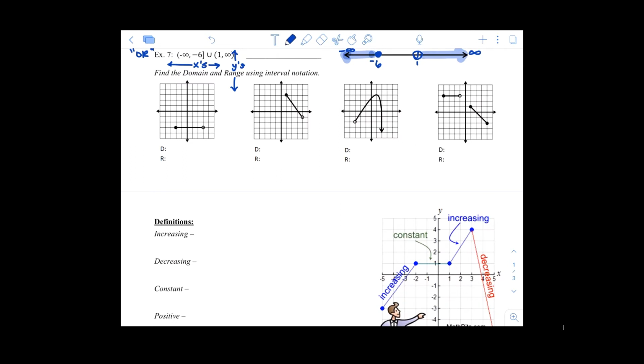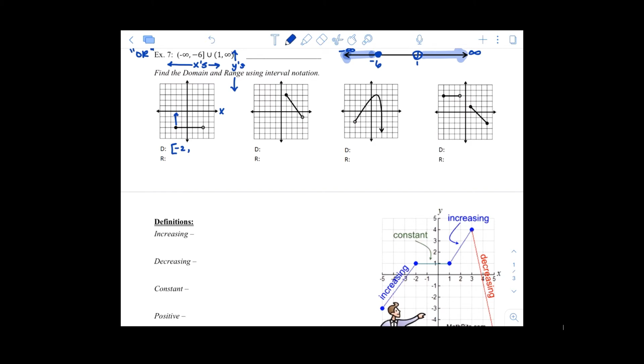On that far left example, domain, from left to right, you'll need to use the values that are on the x-axis. So our furthest left value is here. It has a closed circle, so it will get a bracket, and that is at -2 on the x-axis.